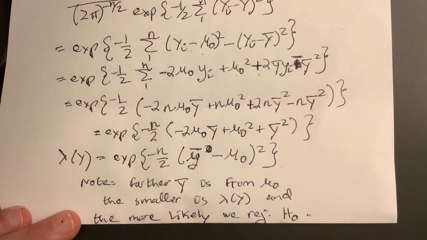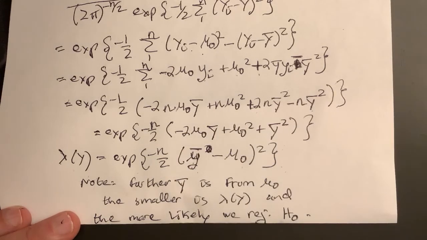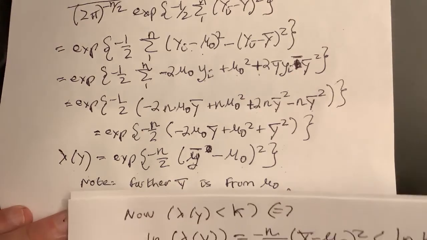So just to finish, we still want to find k, or find the exact test to satisfy that the probability of type 1 error alpha should be 0.05. So I'm going to manipulate this slightly by taking logarithms.